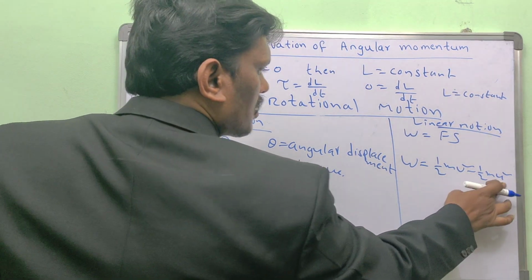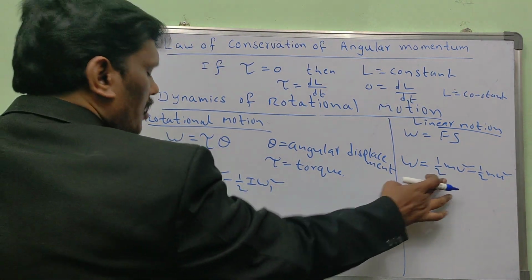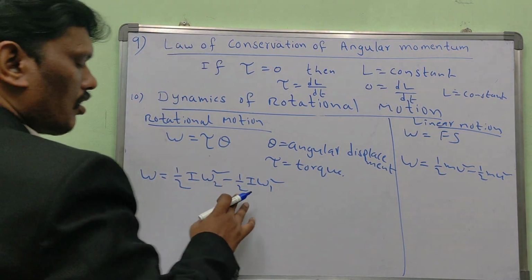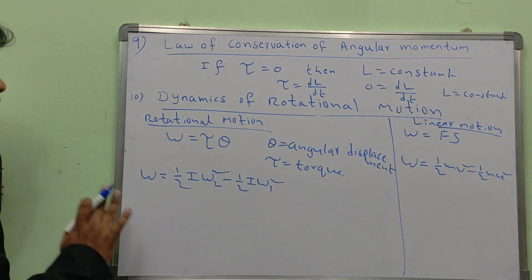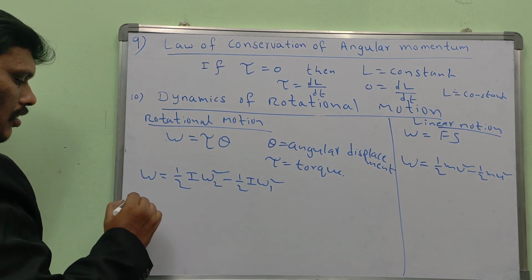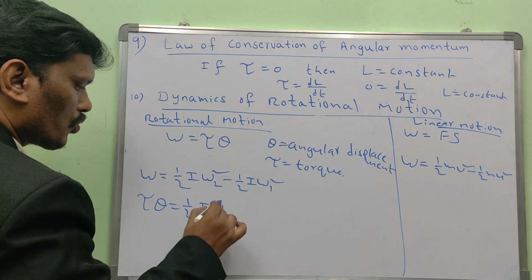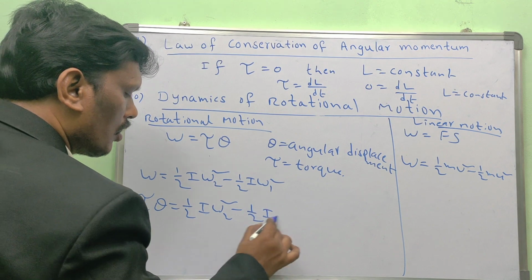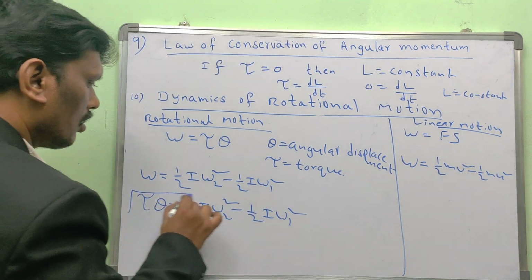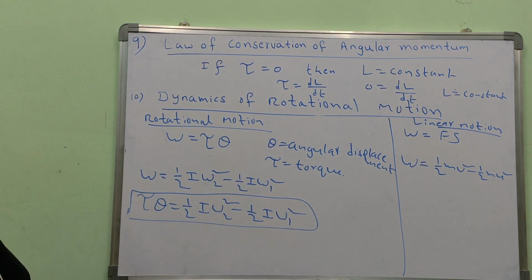In place of work, write tau theta. So tau theta equals half I omega 2 square minus half I omega 1 square. This is the required formula, useful to solve problems. This is the work energy theorem in rotational motion.